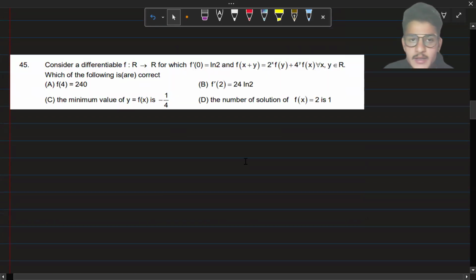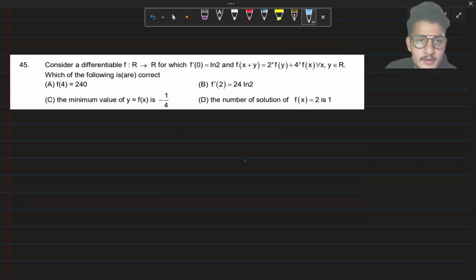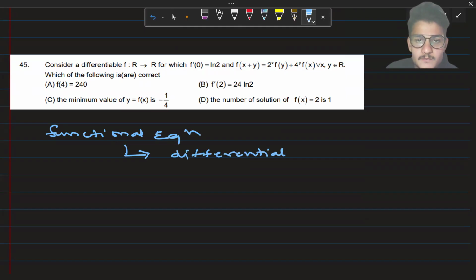The question is on functions. Okay, functional equation, and it will contain differential calculus in it. Okay.